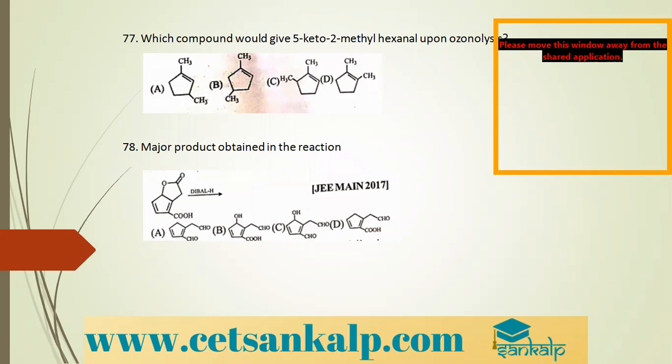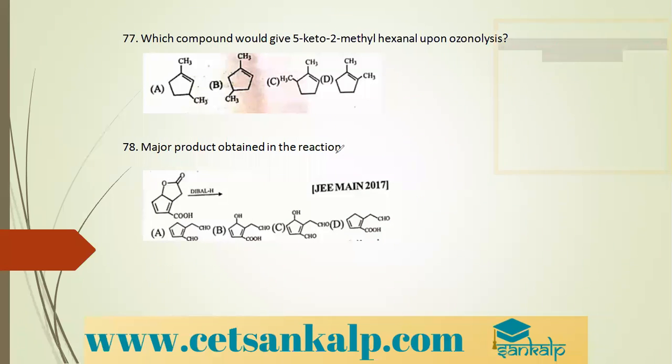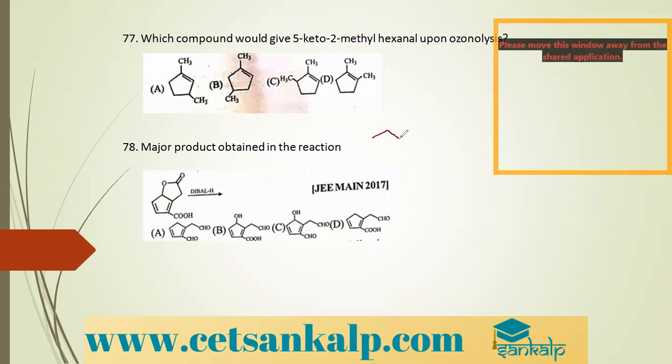Moving to the next question, which compound would give 5-keto 2-methyl hexanal on ozonolysis? Okay, so first let us write the structure of the compound given. So 5-keto, so hexanal, 1, 2, 3, 4, 5, 6. 6 carbon atoms.